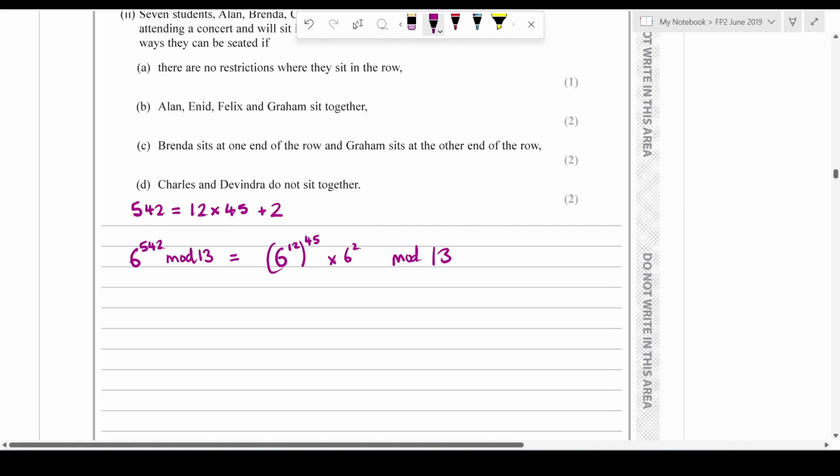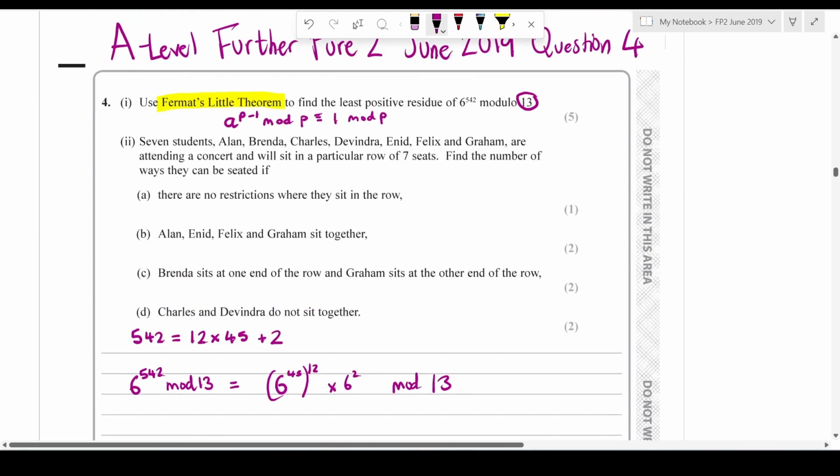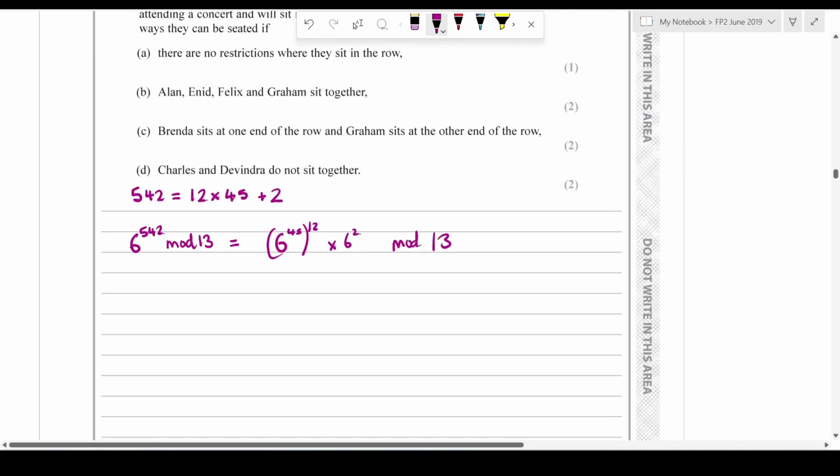So I can now apply Fermat's. I should probably write it as 6 to the power 12, to the 45, to make it more explicit. Applying Fermat's little theorem, this is p minus 1, this is some a, so that's going to be 1 mod 13.